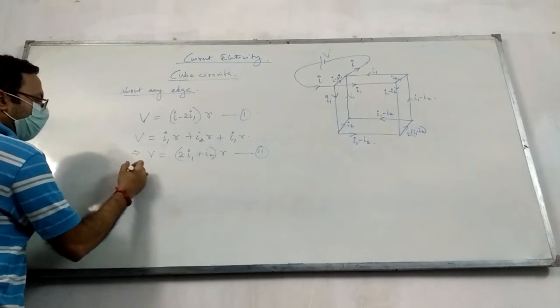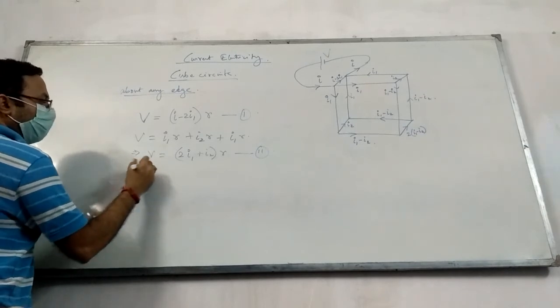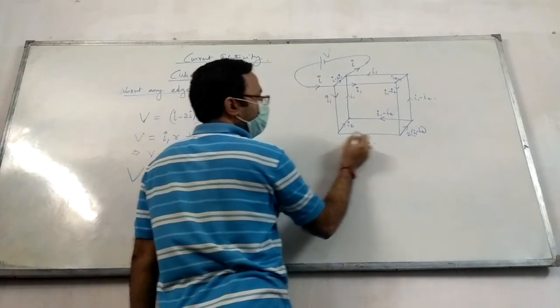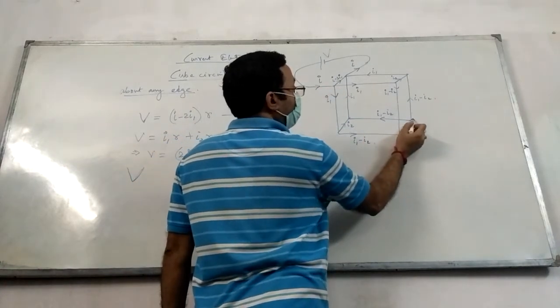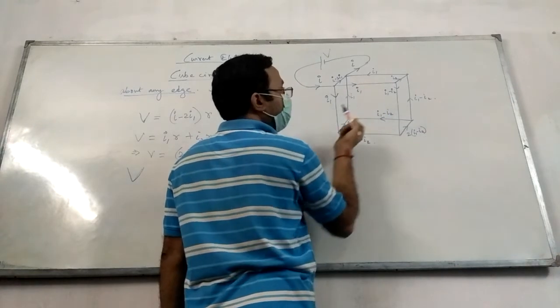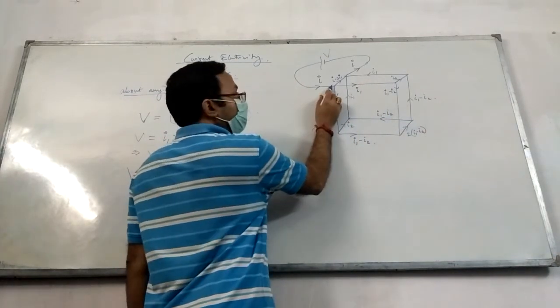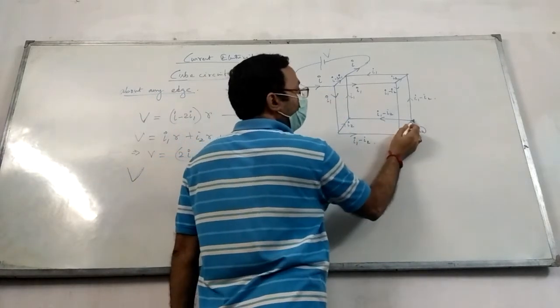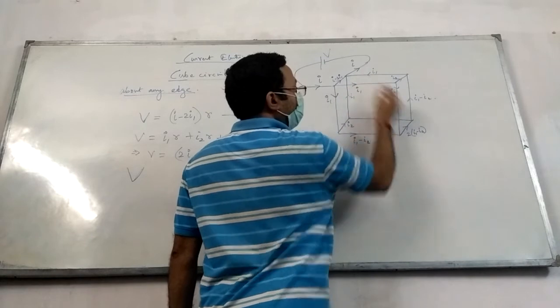Okay? Take up another path. Any other path to reach from first point to second point. For example, first, second, third, easiest way, fourth, fifth. Same here. तुम कोई भी पाथ से जाओ एक ही होगा. Start from here. See 1, 2, 3, and you go this way. Get the same thing.